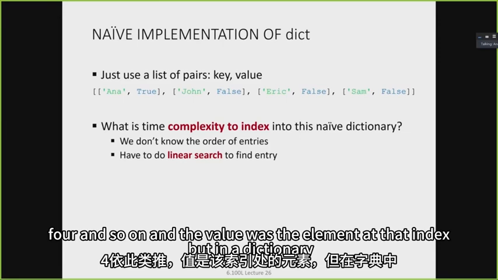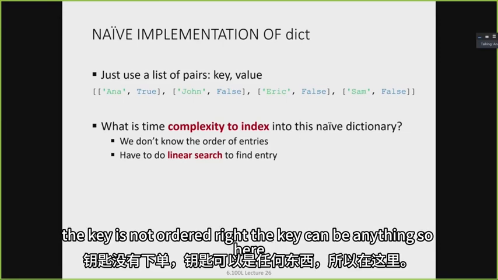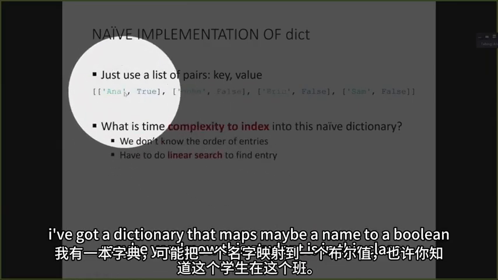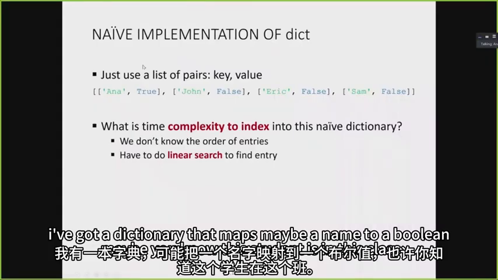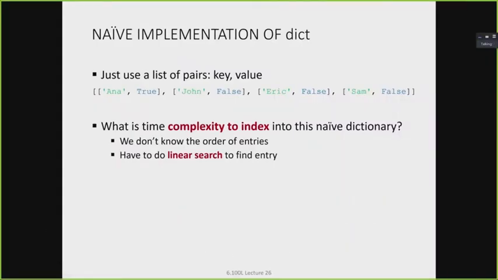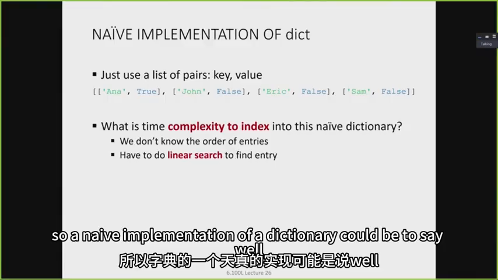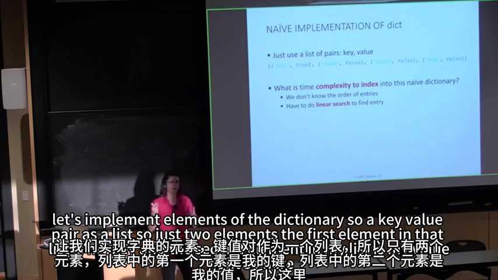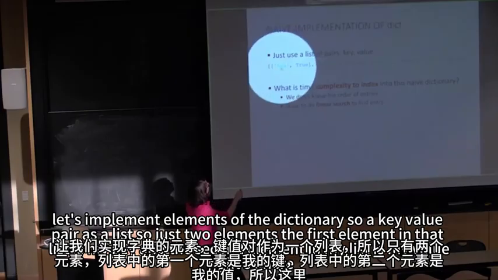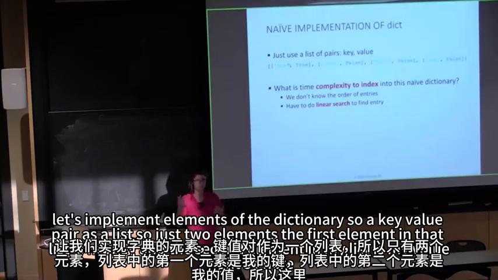But in a dictionary, the key is not ordered. The key can be anything. So here, I've got a dictionary that maps maybe a name to a Boolean. Maybe this student is in this class, true or false. So a naive implementation of a dictionary could be to say, well, let's implement elements of the dictionary, so a key-value pair, as a list. So just 2 elements. The first element in that list is my key, and the second element in my list is my value.